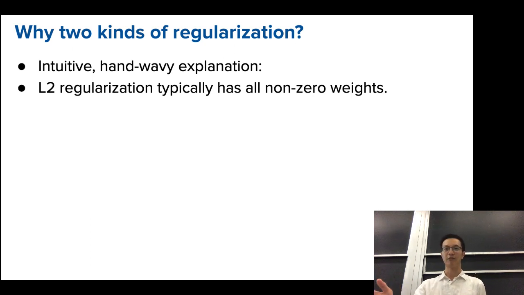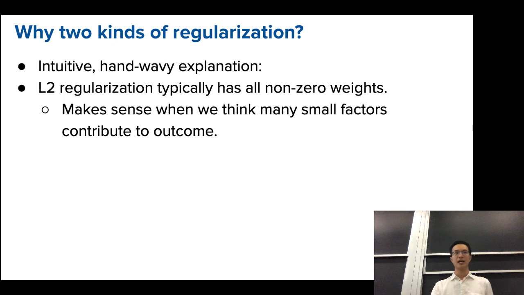Right? So some of the model weights were like times 10 to negative 19, or times 10 to negative 20, which is, for all intents and purposes, equal to 0, but L2 regularization will keep them above 0, but very slightly above 0.